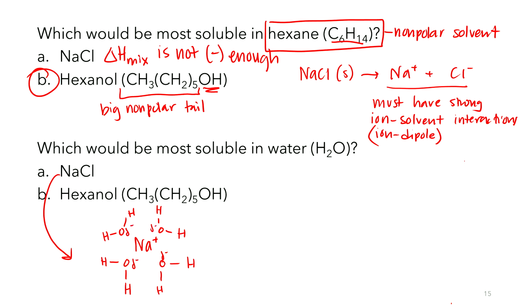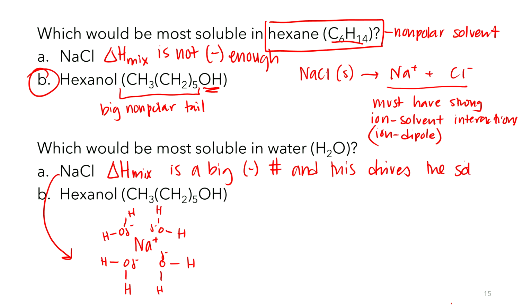So we get a bunch of relatively strong intermolecular forces, the strongest intermolecular forces, around that Na+. Okay, so now when I think about the size of delta H mix, it is a big negative number, and this drives the solution process.